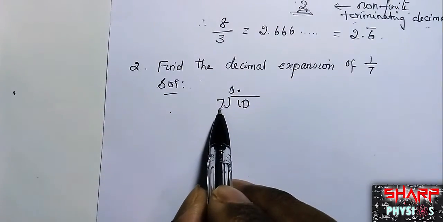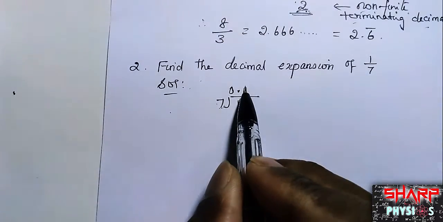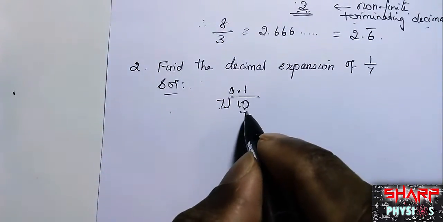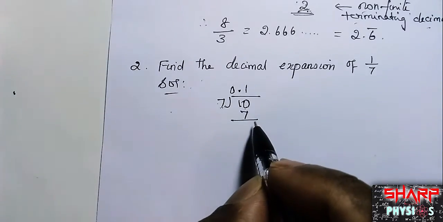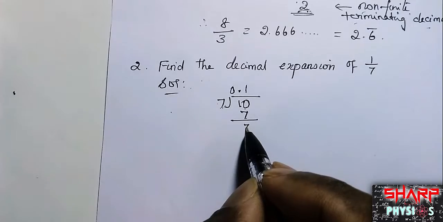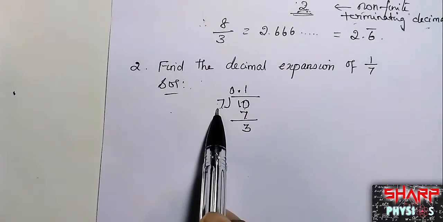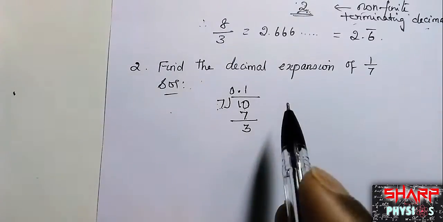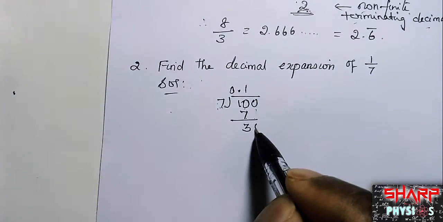Now 10 is greater than 7, so you can divide it. 7 ones are 7, you get a remainder 3. Now 3 is less than 7, so you add another 0 and bring that 0 down.